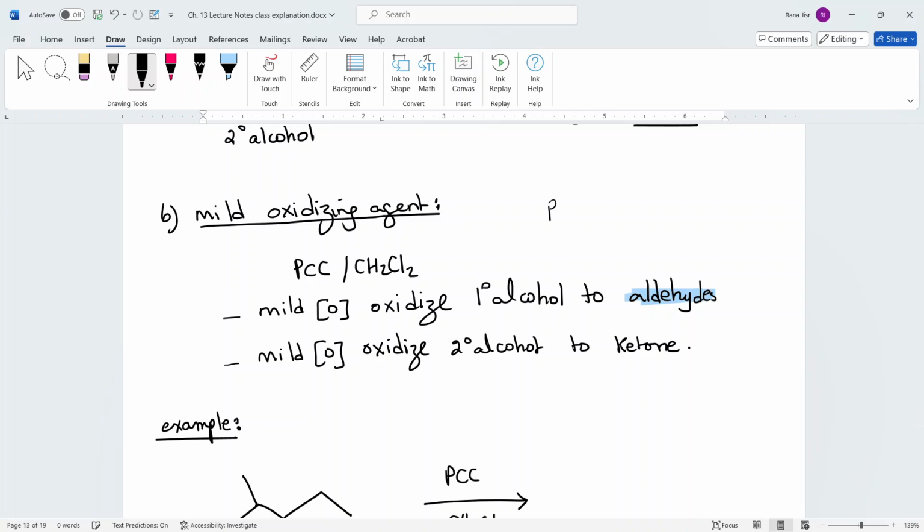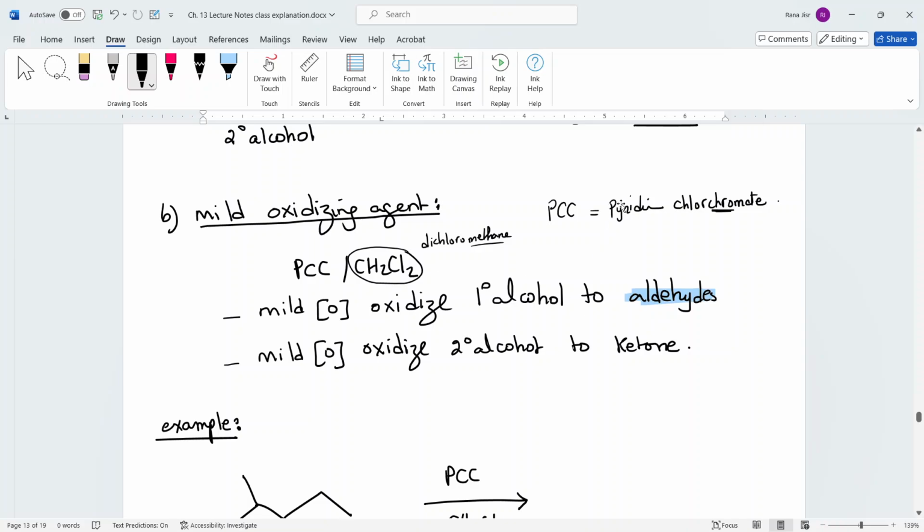So PCC, the agent, stands for pyridinium chlorochromate, and pyridinium chlorochromate still has the chromium in it, but the solvent that you are using is not water. This is an organic solvent, which is dichloromethane. So that is going to decrease the reactivity of that oxidizing agent in there.